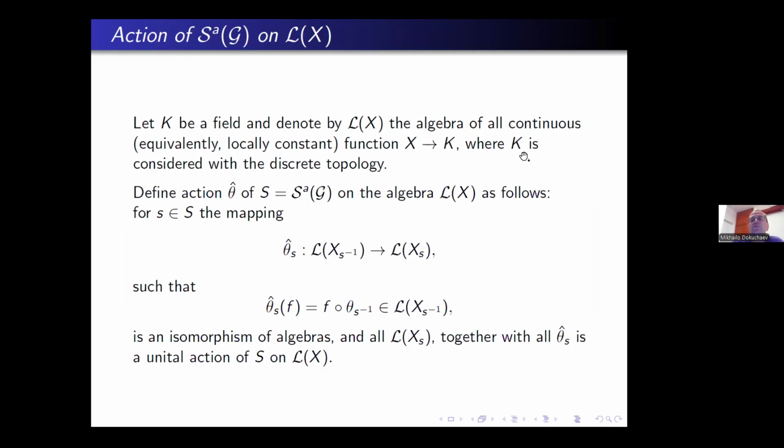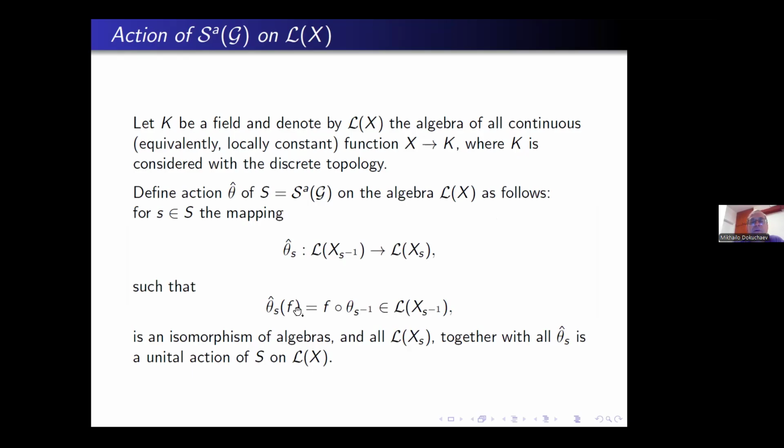Then if you put on K the discrete topology, locally constant is the same as continuous. Now that action of S on X induces an action of S on the locally constant functions in a very natural way. So we denote this action by theta hat.